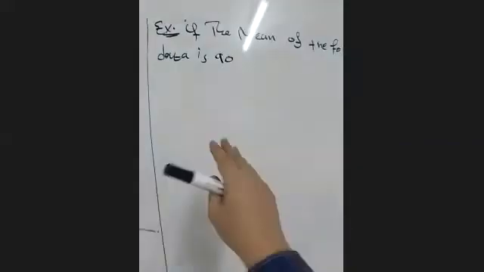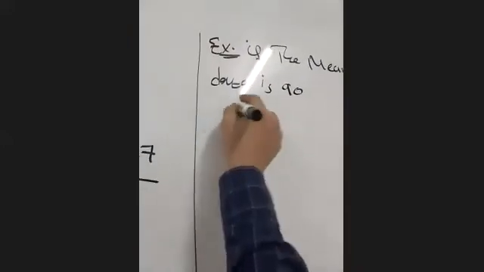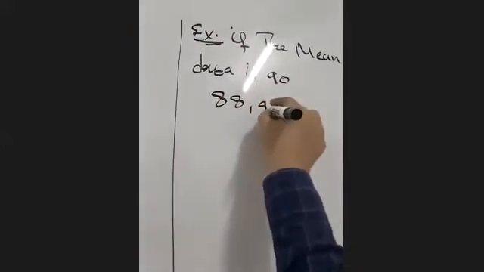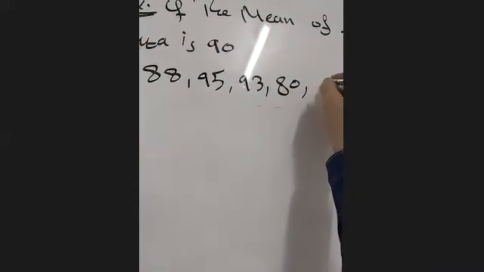So the mean is given, which is 90. And the data are, or the values are, 88, 95, 93, 80, and M.